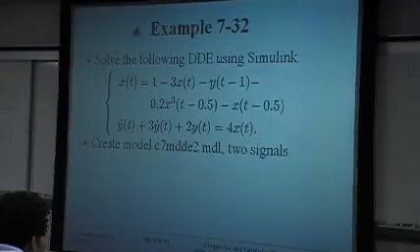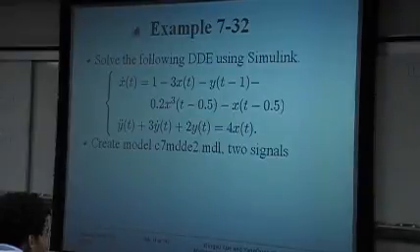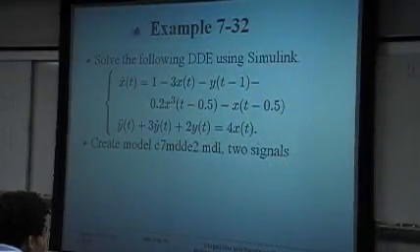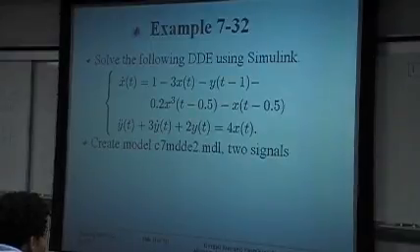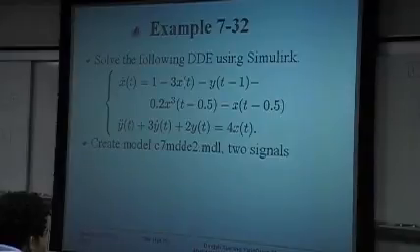And the other one is 3 times x, so we have to use a gain here and connect it like this. This is the second one. So how can we model this part? This is a delay of the y signal, so we have to use a delay block, and then link the signal here. We have to set the delay constant to 1 in this case.